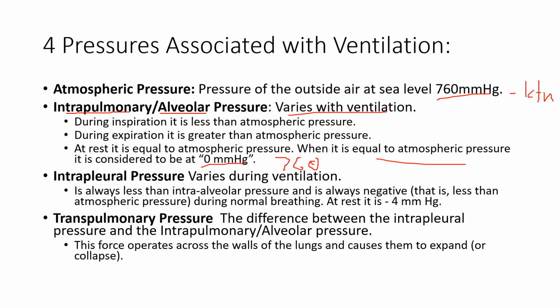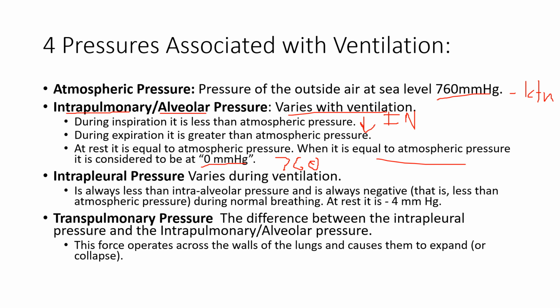Now during inspiration, the pressure in the alveoli becomes lower than atmospheric, and that draws air in. Remember that rule: pressure moves from high to low. So if we decrease the intrapulmonary pressure, it allows air to enter the lungs by creating a pressure gradient.